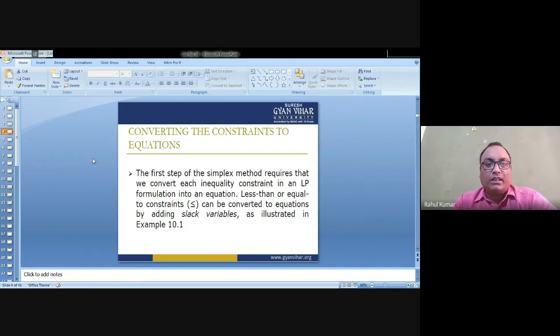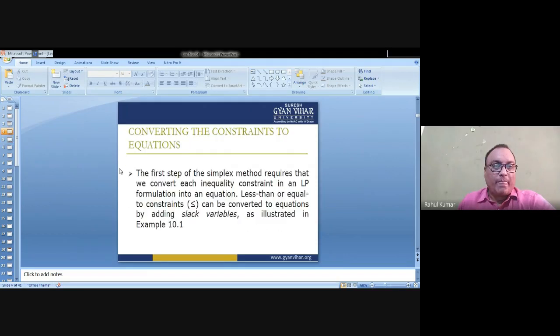Less than or equal to constraints can be converted to equations by adding slack variables. These slack variables depend on how much product is obtained by the factory. If the factory obtains four products, then the slack variables are four. So slack variables depend on the company policy.